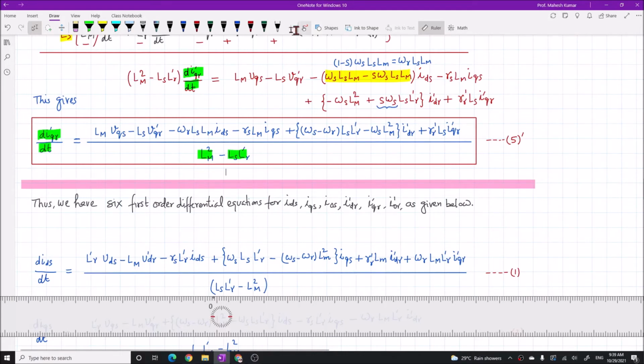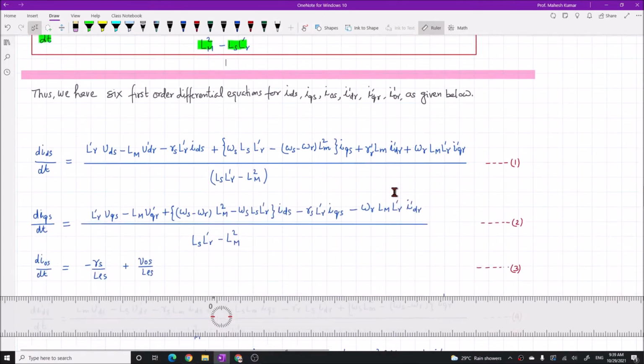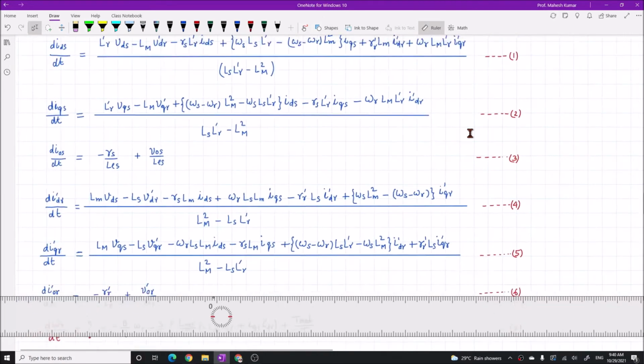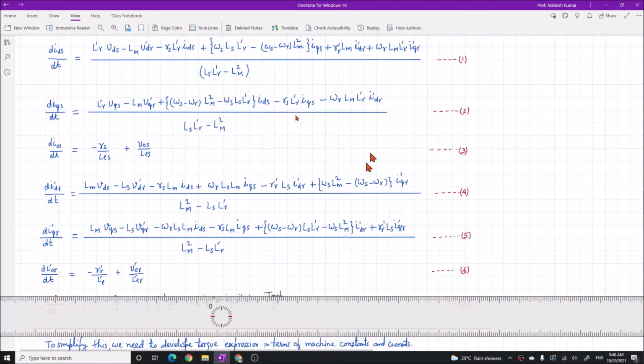Now I am rewriting all these 6 equations at one place. So you can see here 1, 2, 3, 4, 5, 6. I will make it slightly smaller so that you can see in one shot. So these are 6 equations that we have just derived.